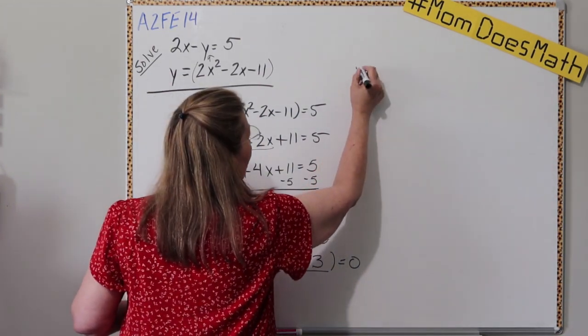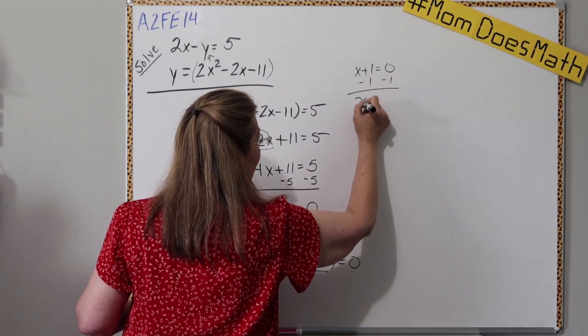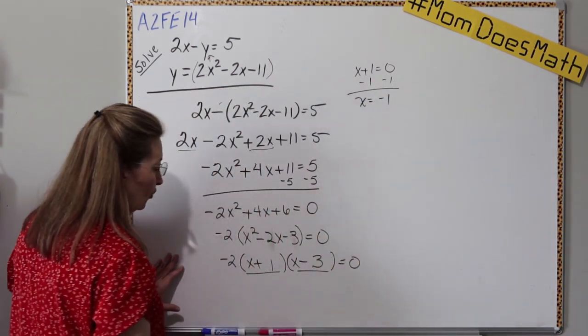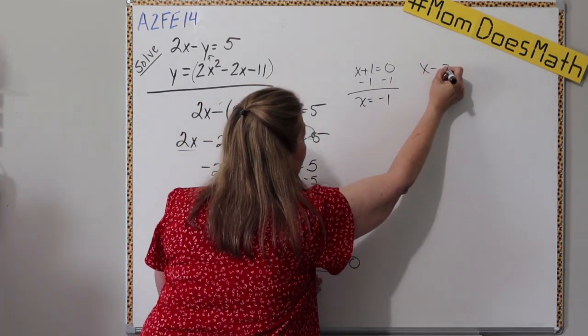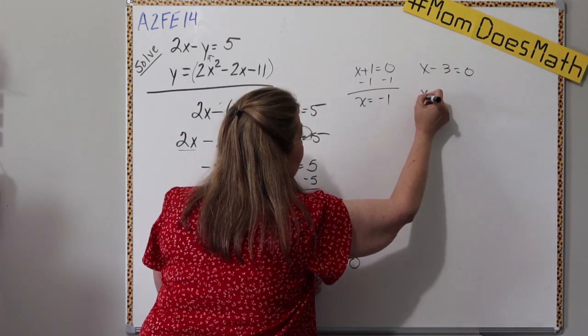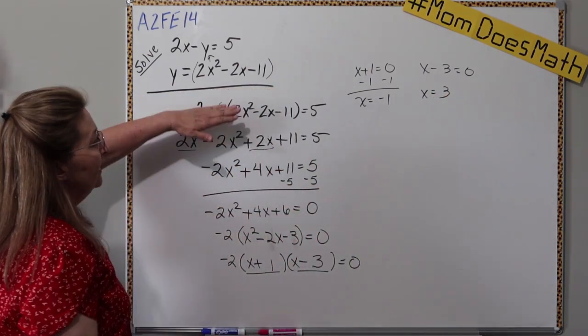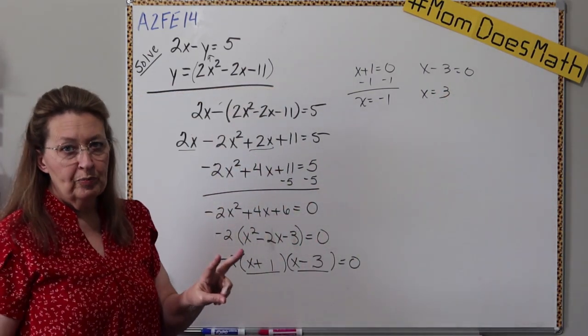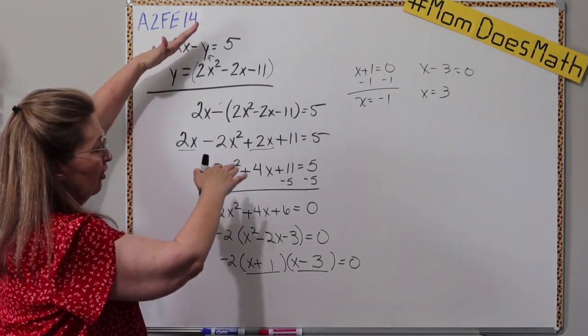Well, when I do x plus 1 equals 0, I'm going to subtract 1 from each side, so I get x is negative 1. When I use x minus 3, I'm going to add 3 to each side, so I get x is 3. Now, what you're going to get here is two ordered pairs. You're looking for the place where these two equations cross.